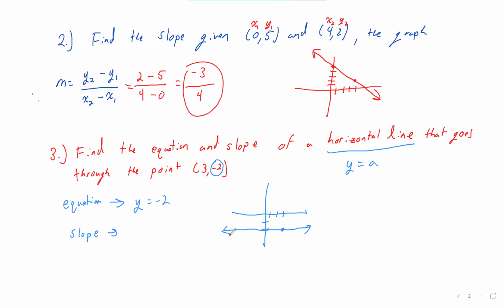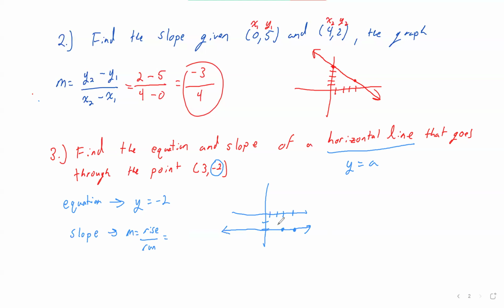So technically the reason is because if we do rise over run, so let's say m is equal to rise over run. How much did this line rise? So let's say I have a point here and a point here. This is another point on the line. How much did it rise to go from this point to this point?